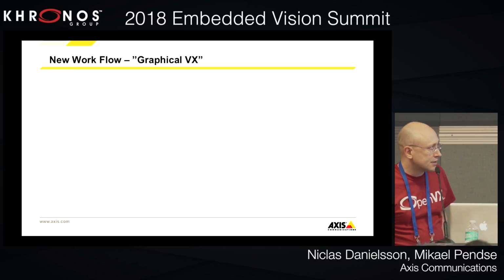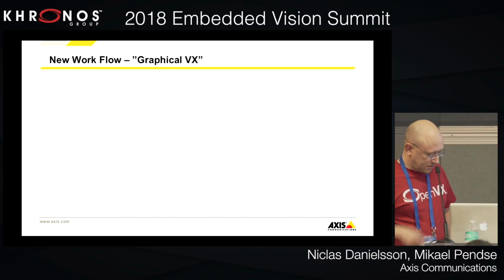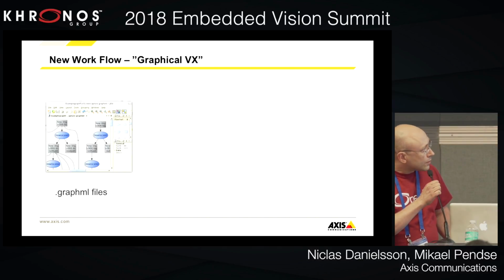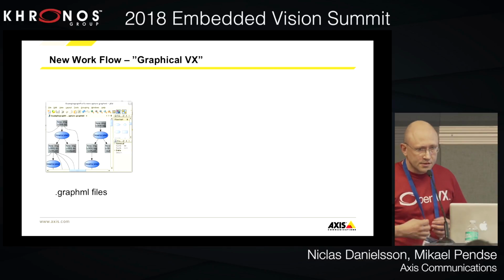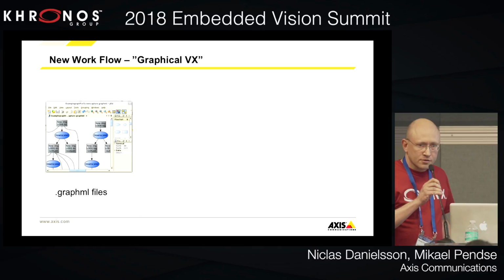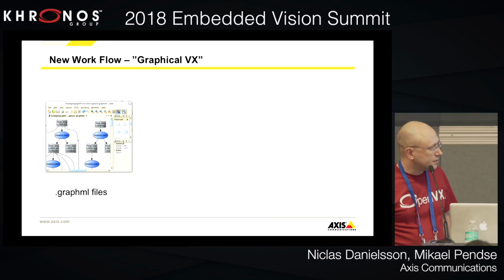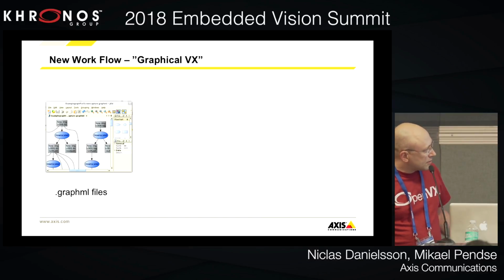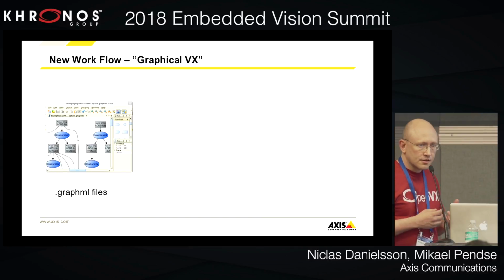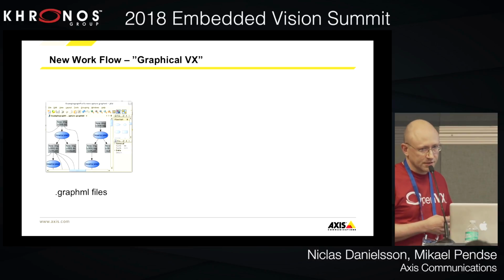Then we started thinking. When we started sketching these graphs anyway, we drew them in some kind of drawing program because it's easier to read and easier to change. Then we realized that the format is quite comprehensible and easy to read. It's just some kind of XML-like format.